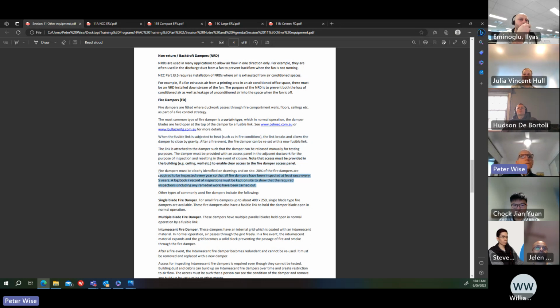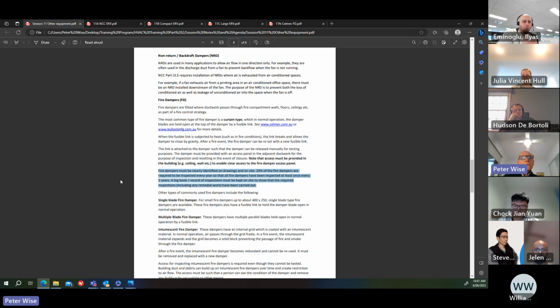The fire dampers need to be clearly identified on drawings and on site. So each fire damper has to be labelled on site, so it can be identified from a drawing. 20% of the fire dampers are required to be inspected every year, so that all fire dampers have been inspected at least once every 5 years. The requirement is, I think it's AS 1851, that within 5 years, every fire damper has to be inspected.